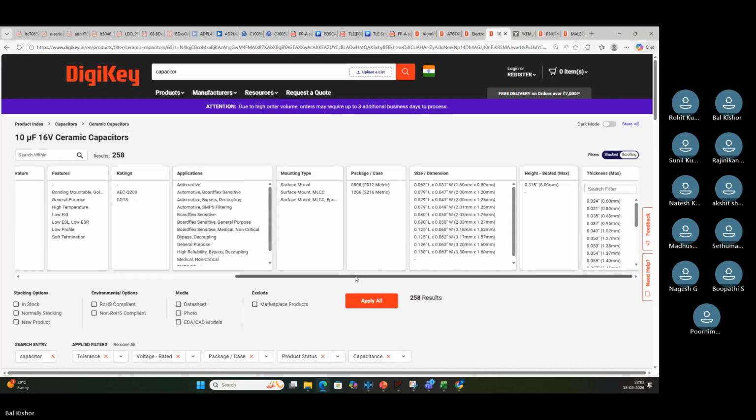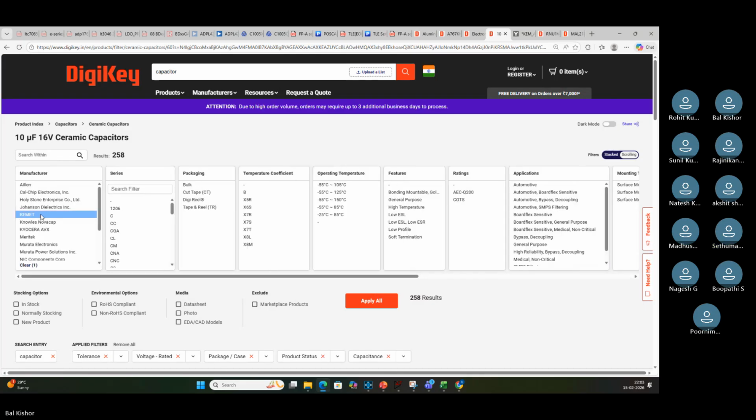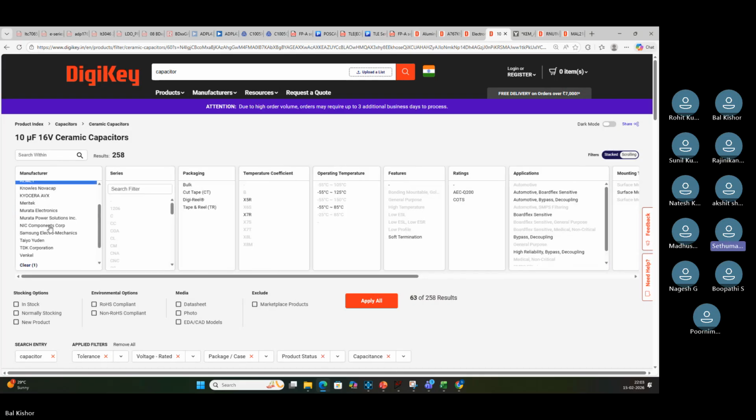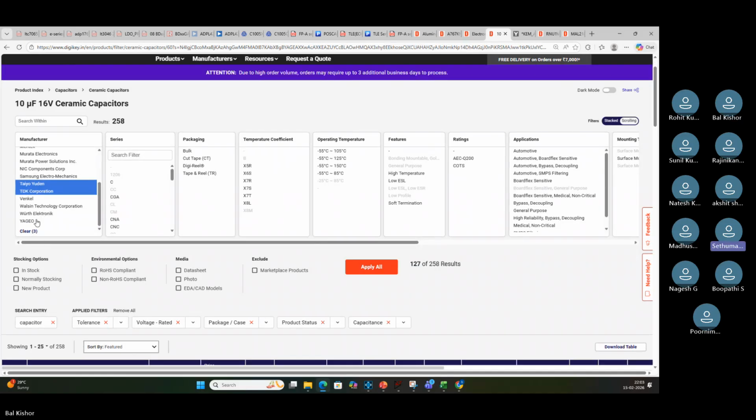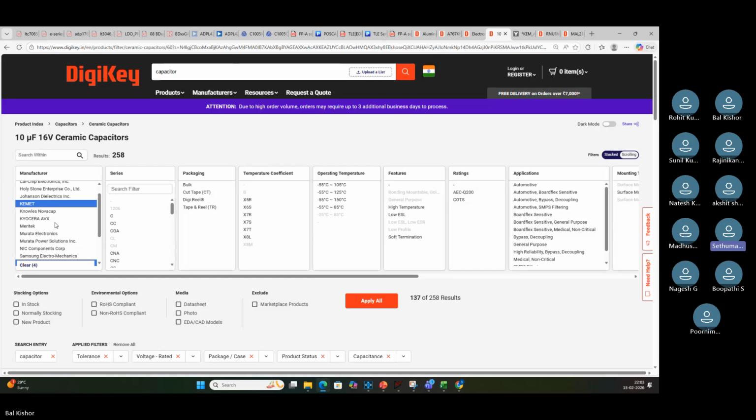In renewable sectors, like in gate driver boards and so on, is there any standard used for capacitor selection? I didn't get your question.